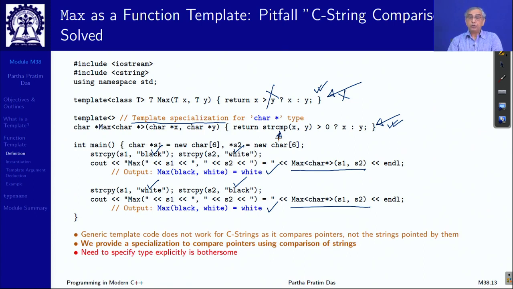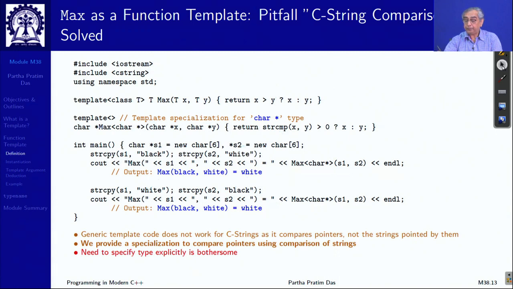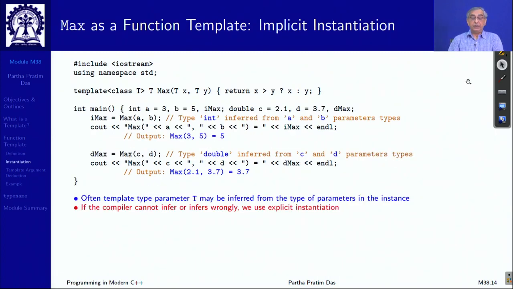Right. So, with this template specialization feature, we also circumvent the pitfall of C string comparison which macros were giving us. So, in a way we have a lot of things solved.